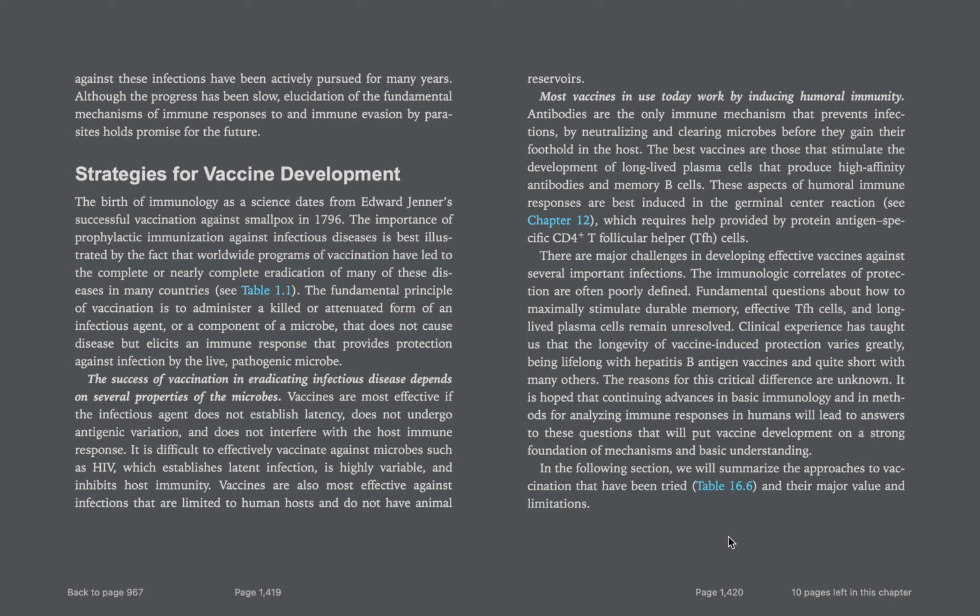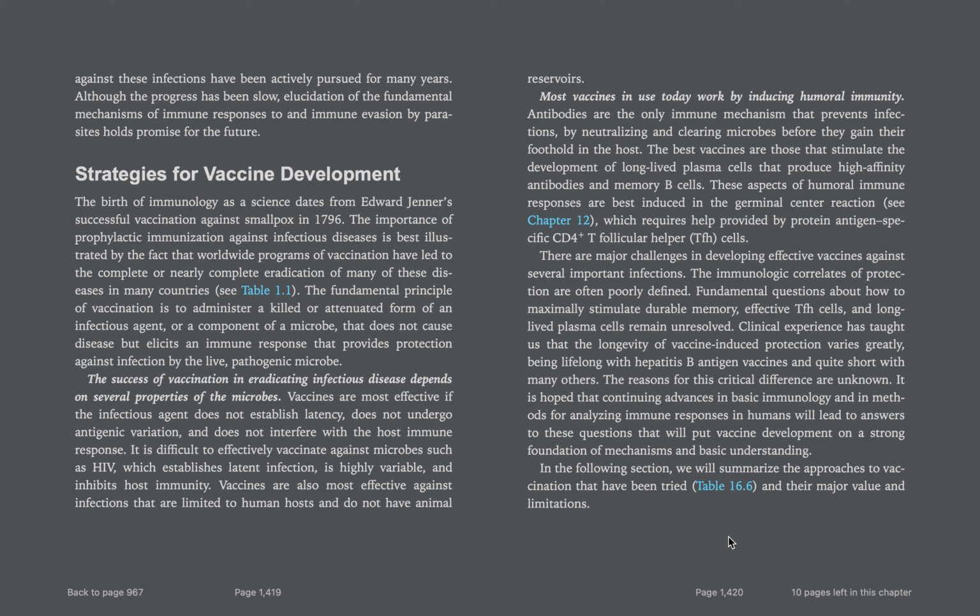It is difficult to effectively vaccinate against microbes such as HIV, which establish latent infection, are highly variable, and inhibit host immunity. Vaccines are also most effective against infections that are limited to human hosts and do not have an animal reservoir. Most vaccines in use today work by inducing humoral immunity.